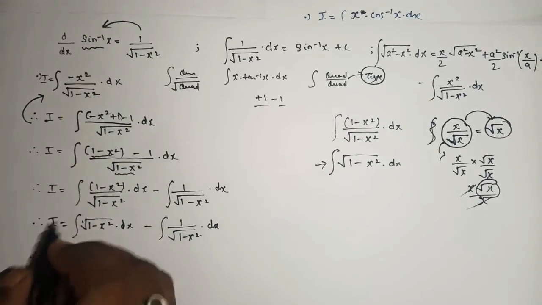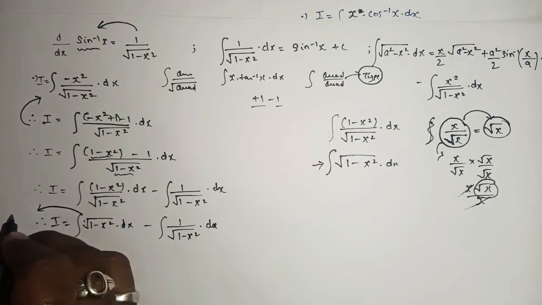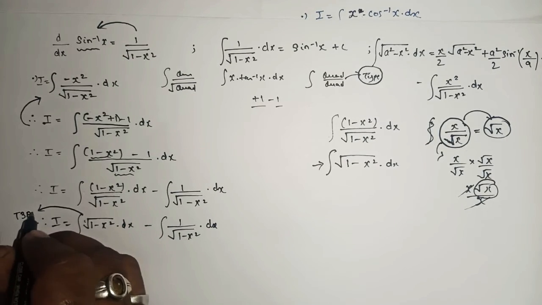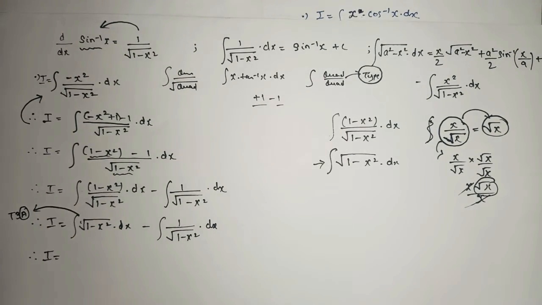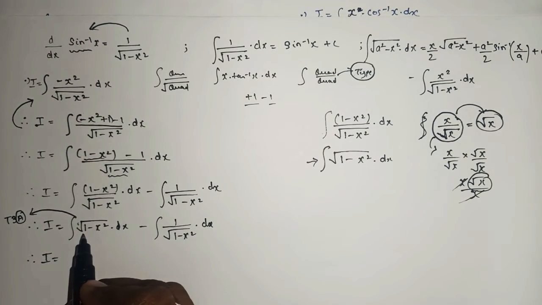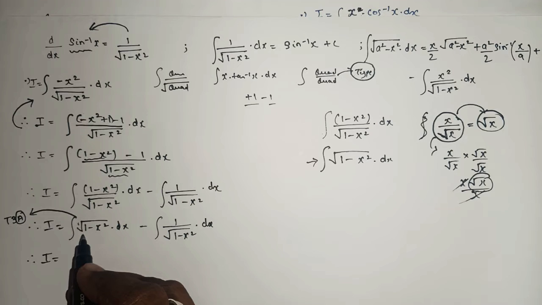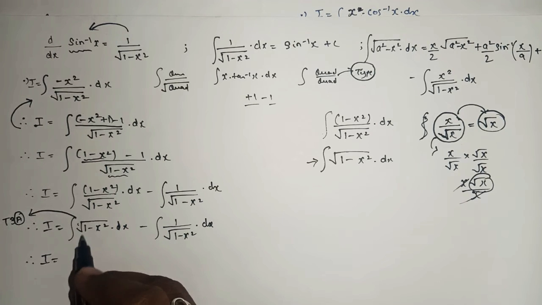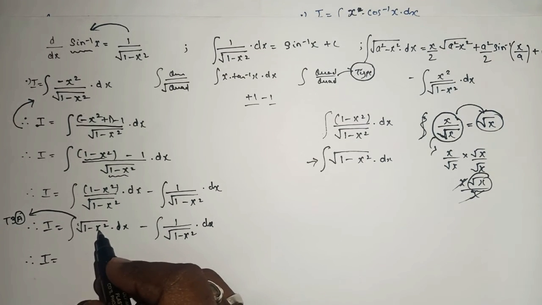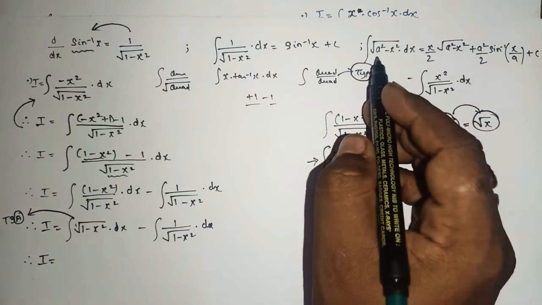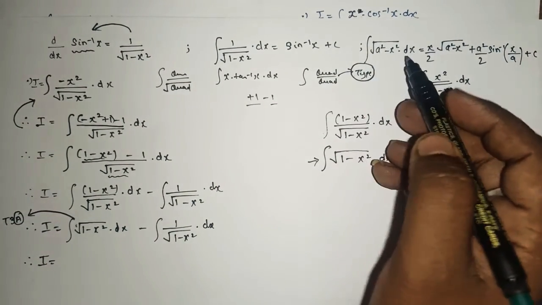Okay, so here the final step we'll see now. This part looks like the type number 3a formula. So 1 is a number and this is a variable. So we'll consider this 1 as a and this as x. So here we can see the integration of root a square minus x square.